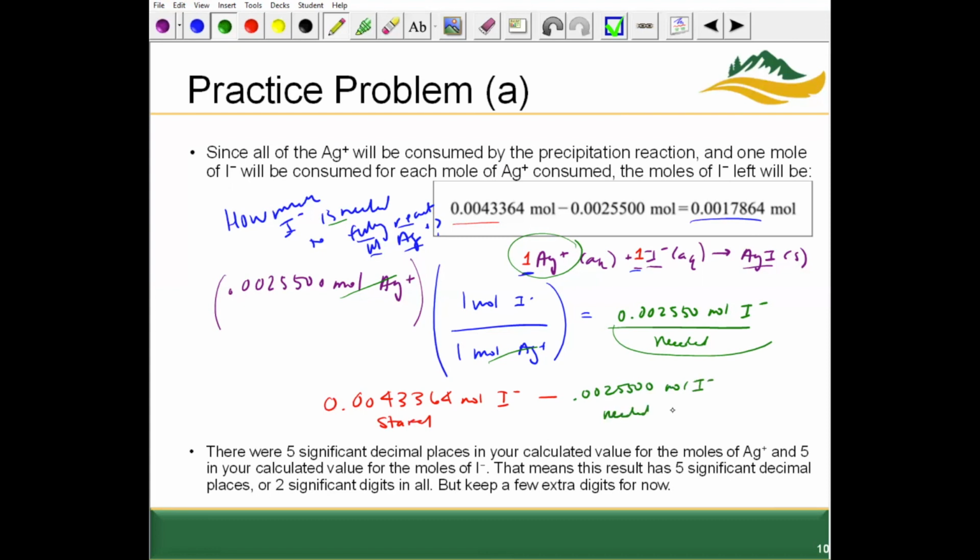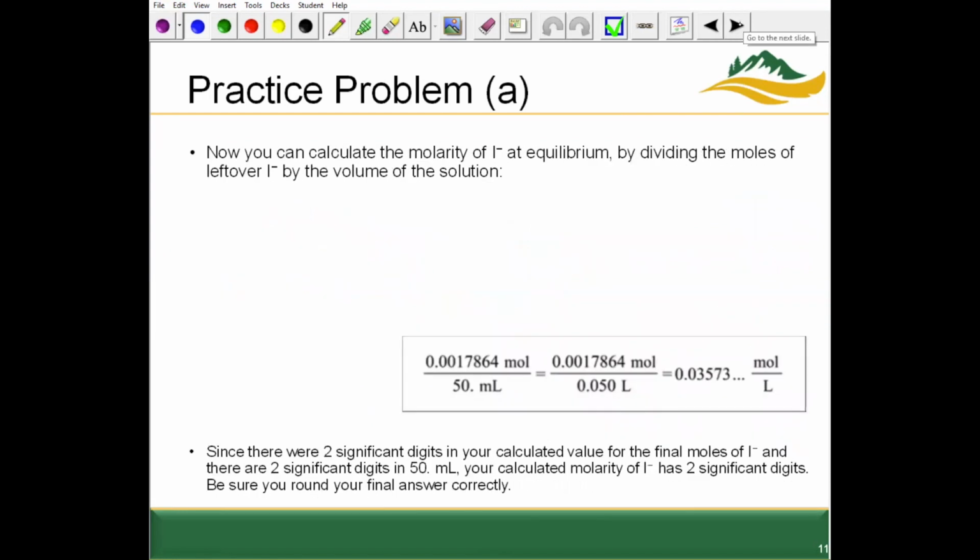This is how much is needed to react with Ag plus to completion, right? So then we get this answer here that we have this many moles of I minus left over. So that's 0.001784 moles of I minus remain after all of this amount has reacted with silver, and we started with this much. So with this many moles of I minus remaining, let's go on to further answer our question.